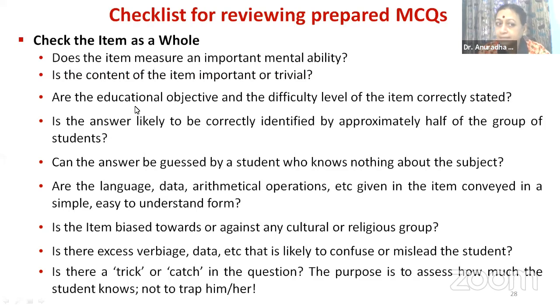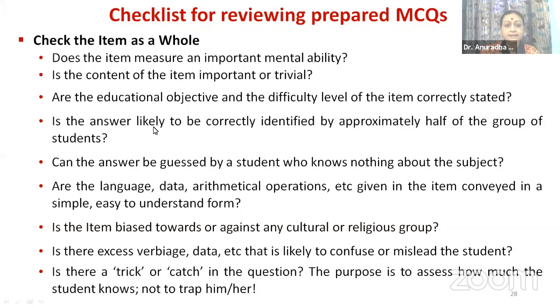So along with the item, state the educational objective, identify its difficulty level, that is your judgment of the difficulty level. And also I would add, what is the estimated time? How much time do you think a student would take for responding to this question? Okay, that is also something that you should do.